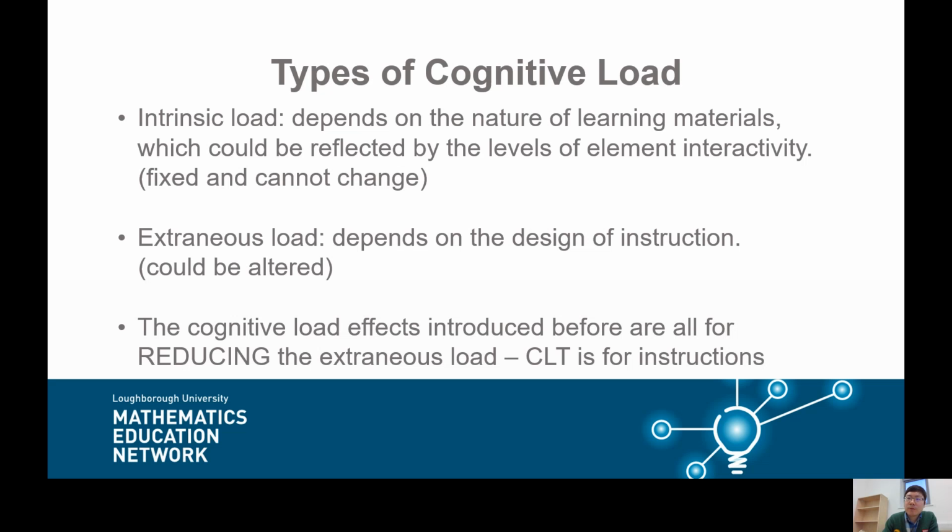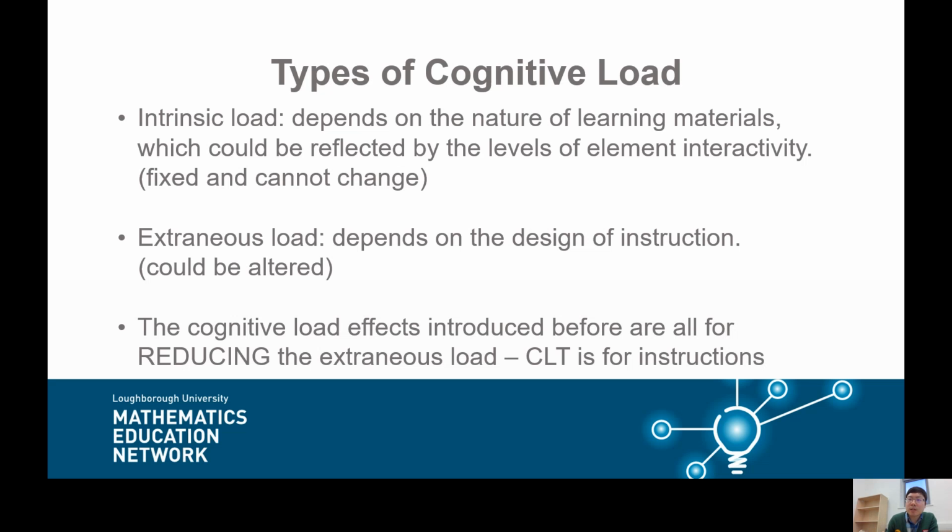And also, a few years ago, at the beginning of cognitive load theory, we talked about germane load. However, we are reconsidering germane load. Probably we couldn't talk about germane load separately, because germane load is now considered as part of intrinsic load.